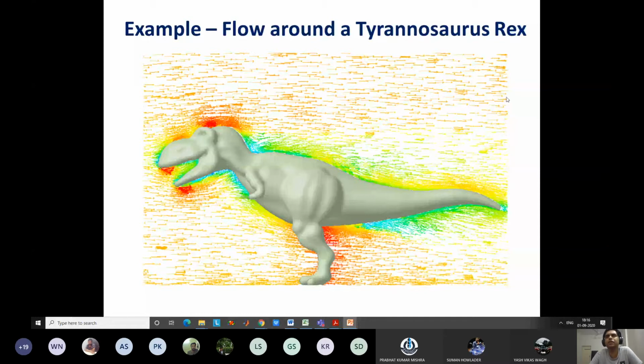But if I want to give a far away condition, we know that very far away from the dinosaur, there won't be any effect, right? So velocity should be 10 meter per second, very far away, because normal velocity is 10 meter per second where there is no object.